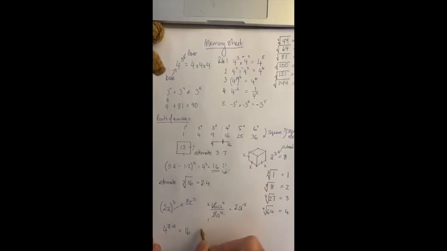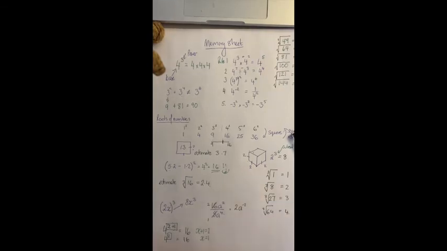So the clue here is to try, you do 4 to the power of 1, 4 to the power of 2. Oh, 4 to the power of 2 equals 16, which therefore means that x plus 1 must equal 2. If x plus 1 equals 2, what do I add to 1 to make 2? 1. So x here is 1. And that's quite a nice one to do.